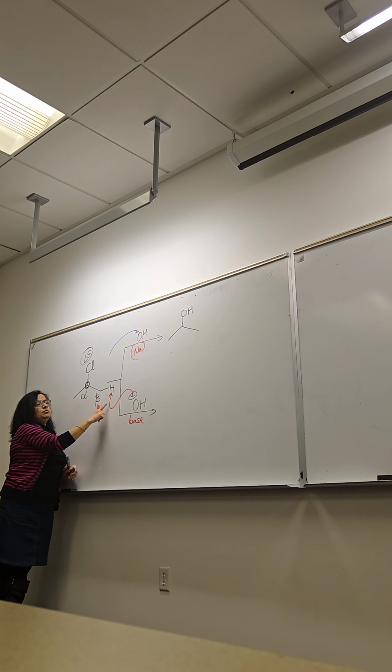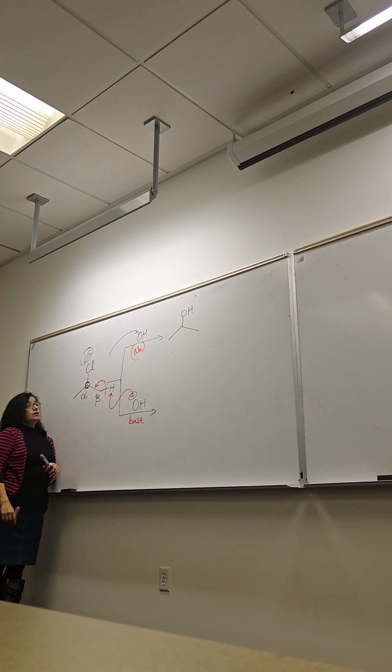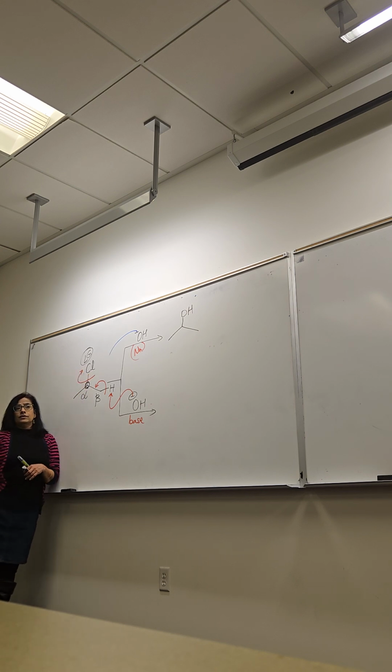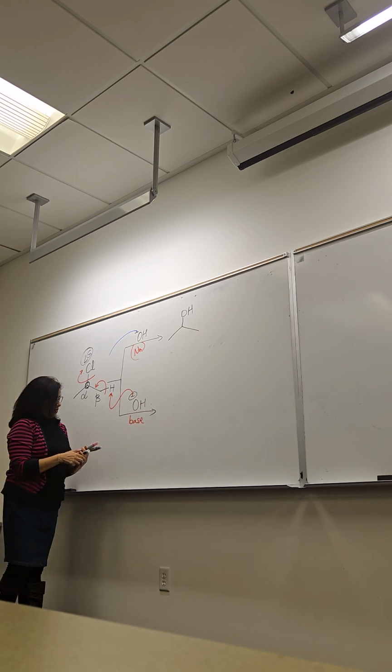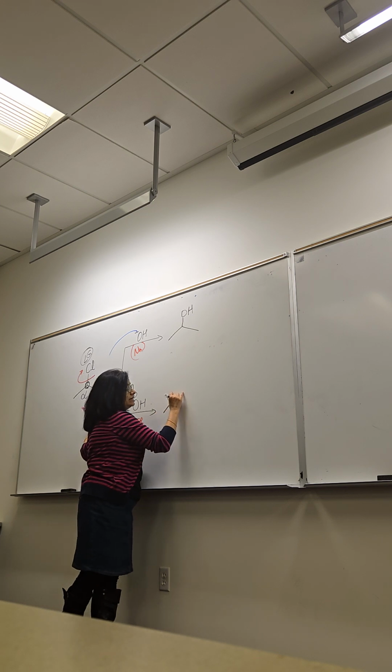Please notice those are double-headed curved arrows because these are two electron processes. So where do those two electrons go? They go to the carbon. Can carbon ever make 5 bonds? No. So that group leaves. What's the outcome? What does that create?